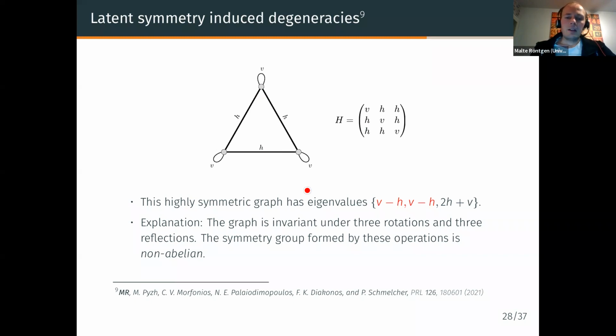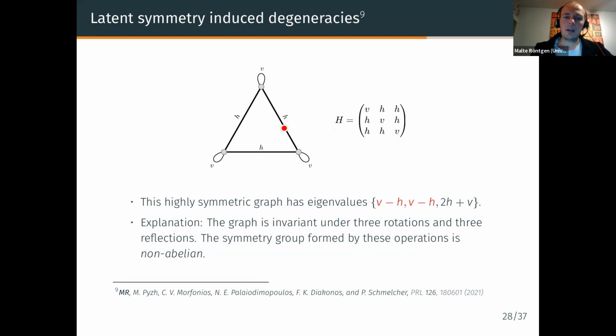And if you then go to group theory and check what is the group formed by these operations or these symmetries, you find that it is non-abelian. And we all know non-abelian groups lead to degeneracies in the eigenvalue spectrum of the underlying operator. And as you can see here, this is also what happens because the eigenvalue V minus H occurs twice.